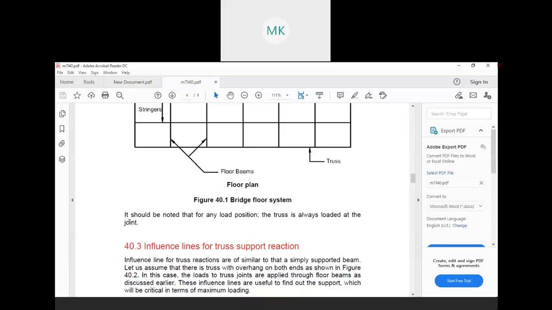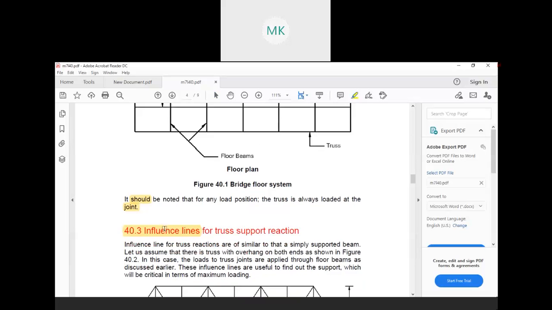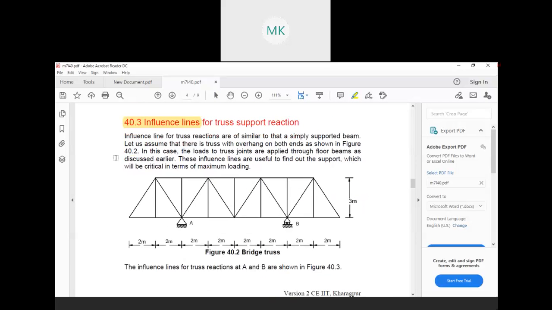Here again there is an important line, which you should remember: it should be noted that for any load position, the truss is always loaded at the joint. Okay, so let's see the influence lines for truss support reaction.